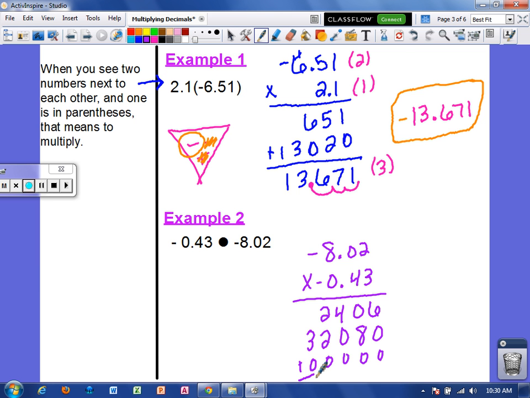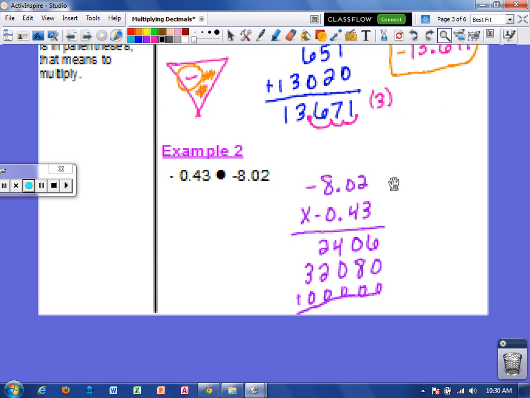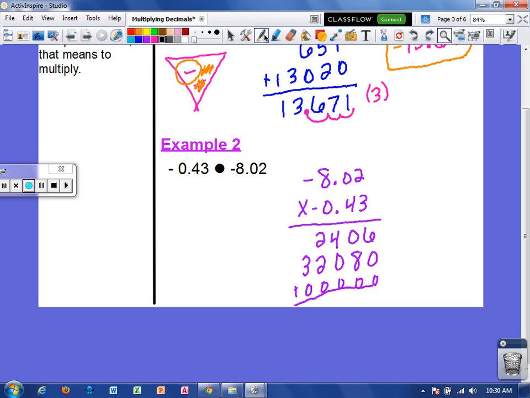Right, now we need to add all of that together. 6 plus 0 is 6, 8 plus 0 is 8, 4 plus 0 is 4, 2 plus 2 is 4, and 3 plus 0 is 3. And I'm going to rewrite this over here. So we have these digits here.